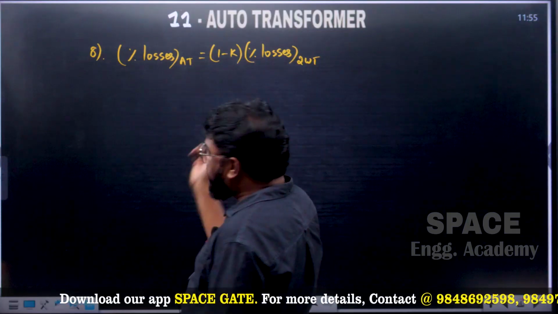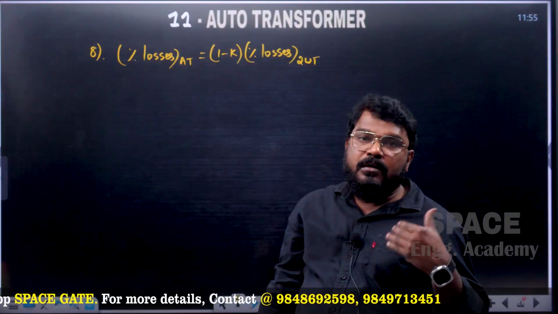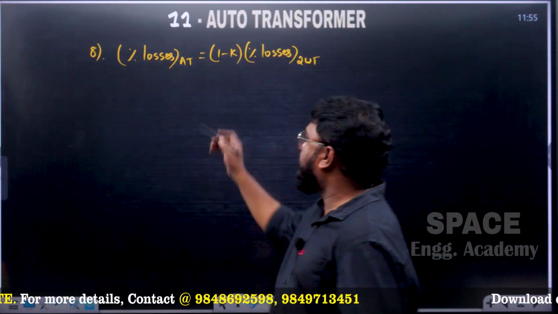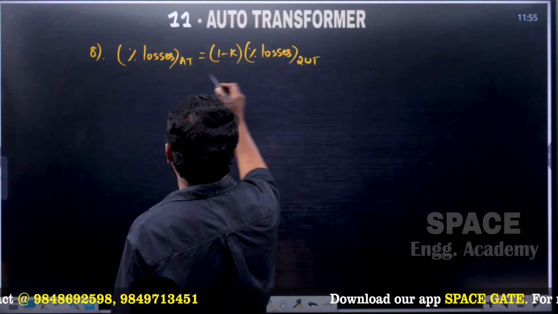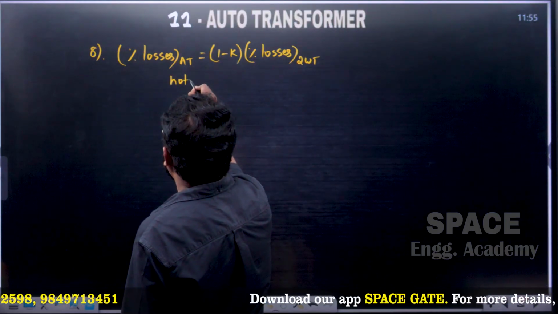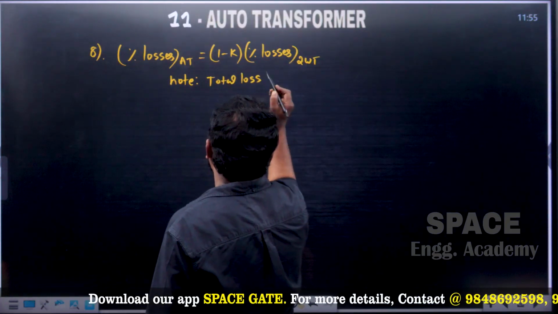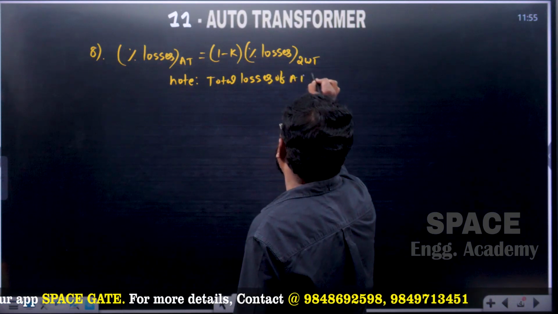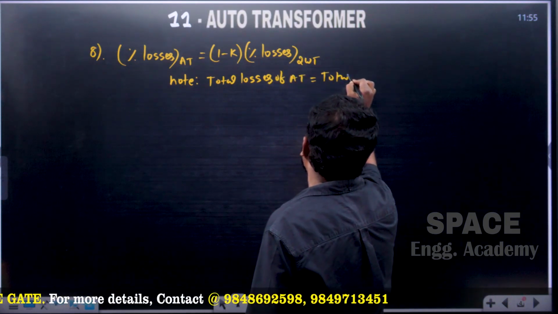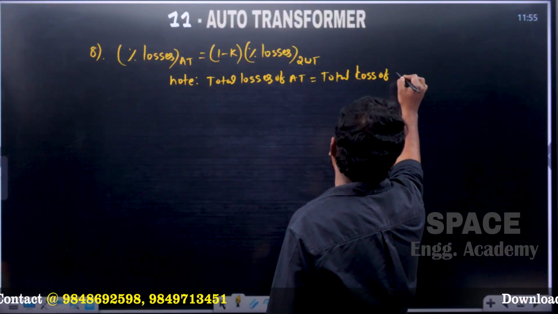Here comparison, suppose the auto transformer is obtained from the two winding transformer, so percentage losses of auto transformer is equal to 1 minus k times percentage losses, but total losses of auto transformer is equal to total losses of the two winding transformer.